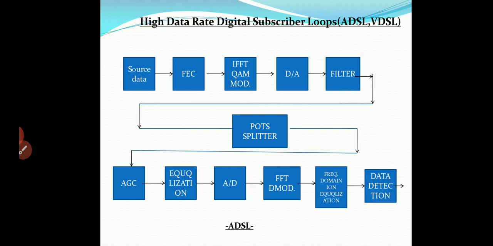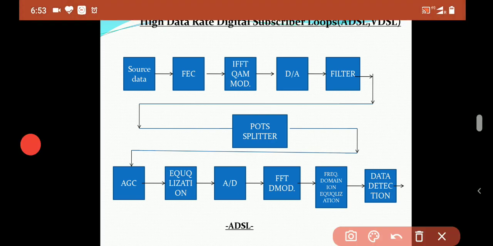First of all, as the name suggests and as you can see here, the first block is the source data, also known as the PRS source.